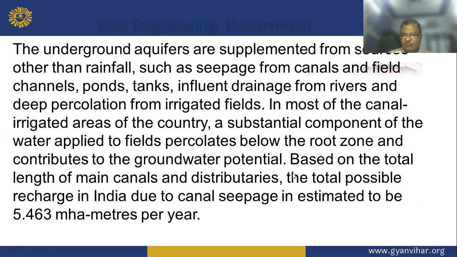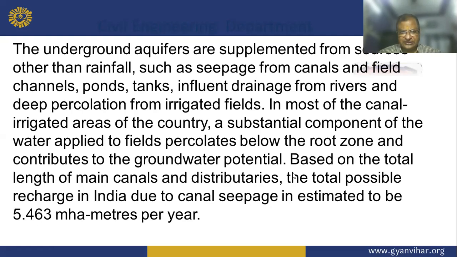The underground aquifers are supplemented from sources other than rainfall, such as seepage from the canals and field channels, ponds, tanks, effluent drainage from the river, and deep percolation from the irrigated fields.